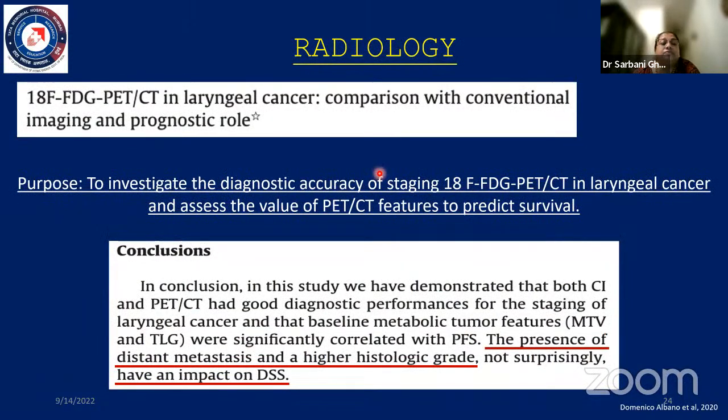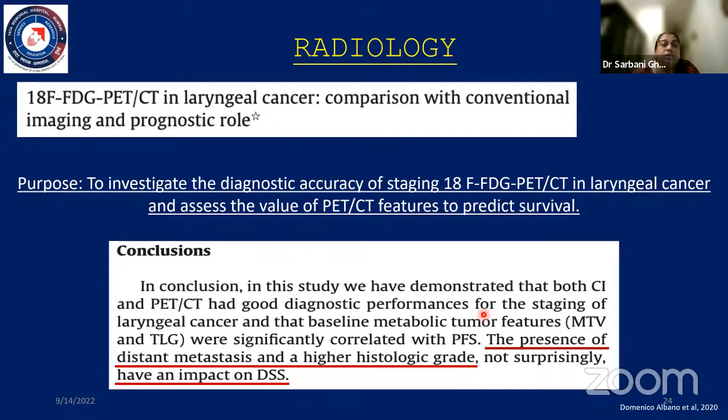What about the role of FDG PET CT compared to conventional imaging and prognostication? This paper essentially is a study to investigate the diagnostic accuracy of PET CT and the value of PET CT to predict survival. What it helped with was that it did identify metastasis in uninvolved neck nodes which were not apparent on clinical evaluation or on CECT.